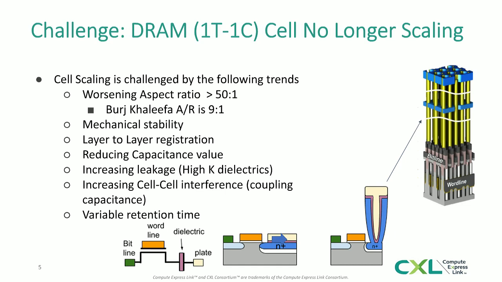So the net result is that your transistors are leakier, your capacitor is leakier, and things are crammed together, so there's interference from cell to cell, from wires to cell, and so on. That leads to variable retention time on these capacitors. This is now resolved by using on-die ECC, which adds even more area overhead. So essentially, DRAM scaling has become pretty difficult.